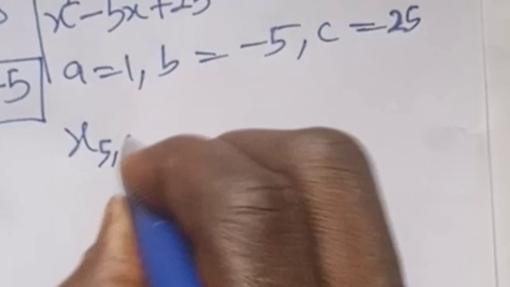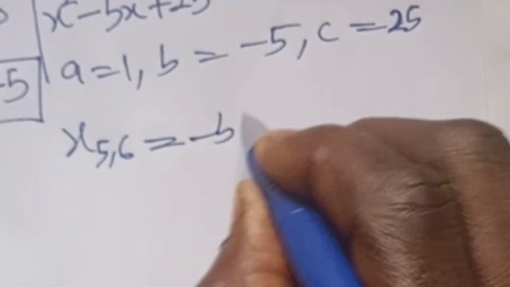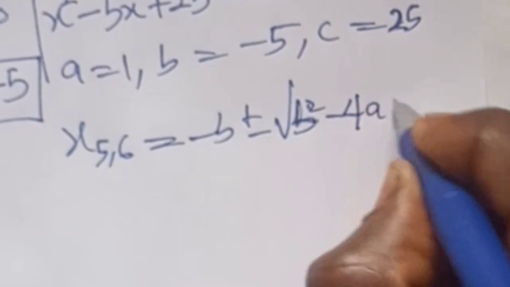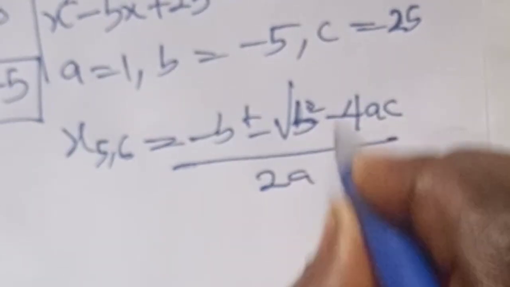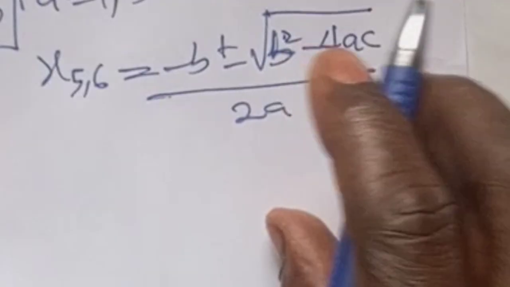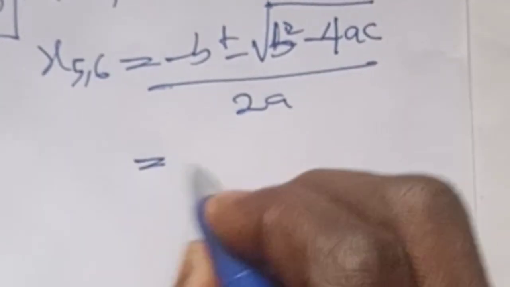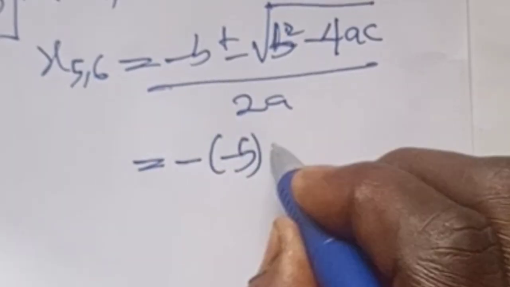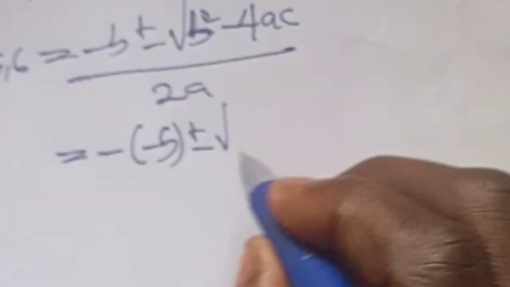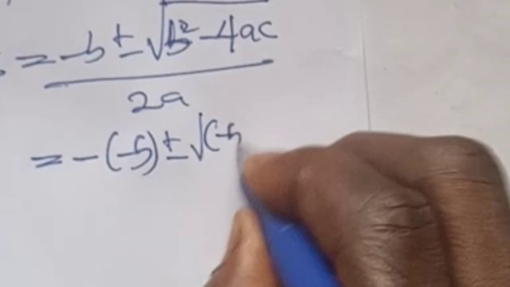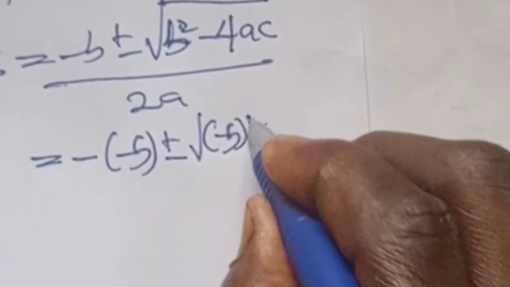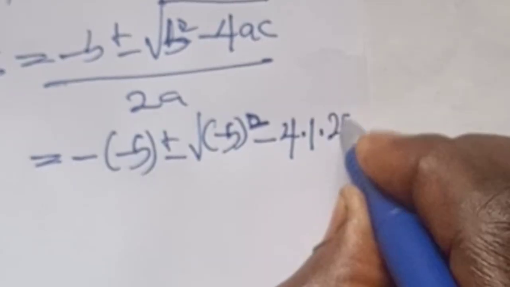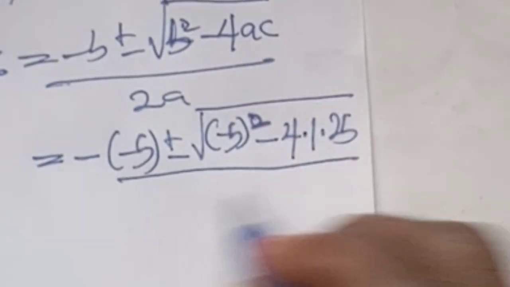So x5 and x6 will become minus b plus or minus square root of b squared minus 4ac, over 2a. So if we put our values, this will become minus minus 5, plus or minus square root of minus 5 squared minus 4 times 1 times 25, all over 2.